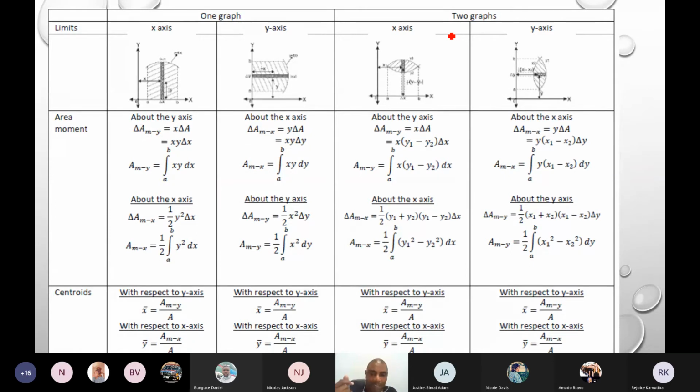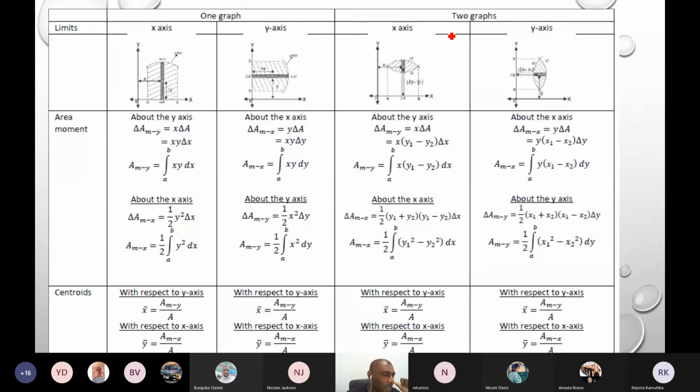Looking at these formulas, the part that says dA, you should know the area for one graph and the area for two graphs, so that part you don't even have to worry about. The only thing you have to try and remember is what is my distance, what is my R? Otherwise, the dA part is easy.